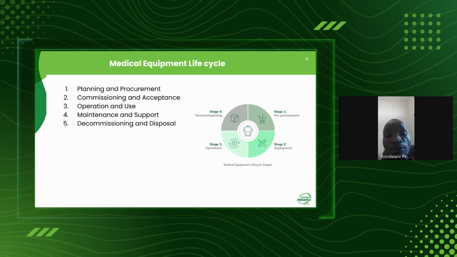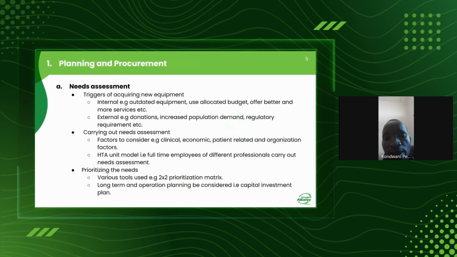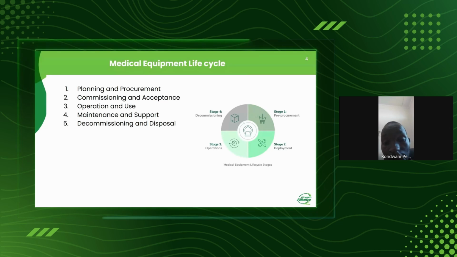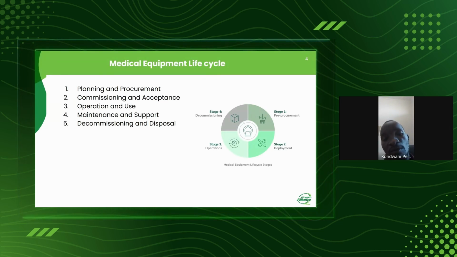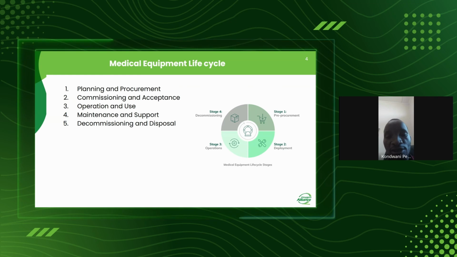These are some of the important life cycle stages which equipment has to pass through. The diagram just depicts the summarized life cycle. We are going to go through each one of them as we go along through the presentation.